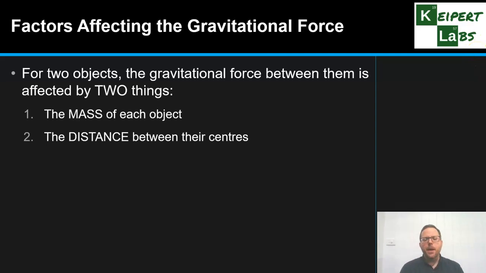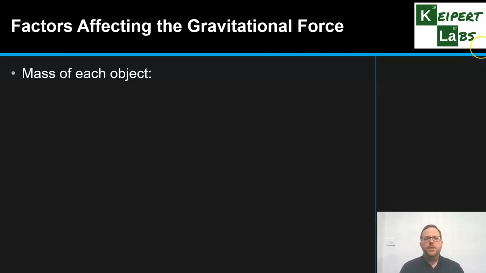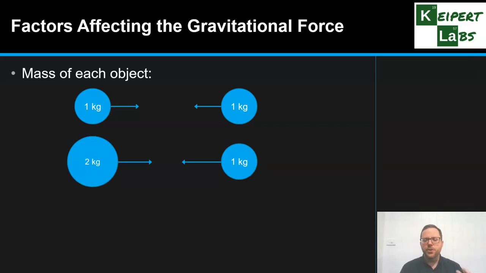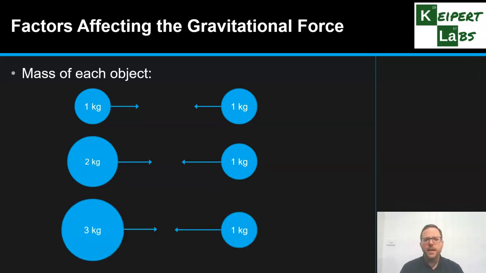So firstly, let's think about the impact of mass. If we take two 1 kilo objects and they have a gravitational force between them, and then for one of these objects we increase its mass, so we see a 2 kilo mass or a 3 kilogram mass, the gravitational force between them increases as the mass of those objects increases.